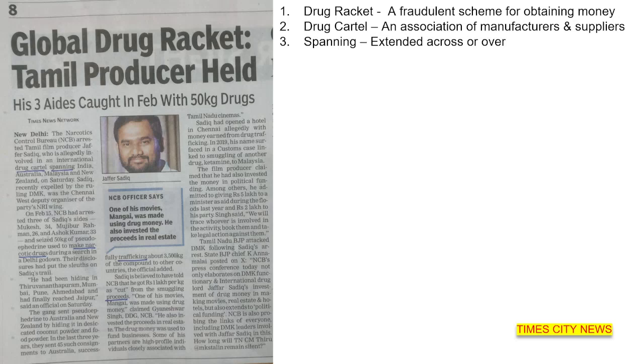And then span is extending, that is spanning. And then proceeds, money obtained from an event or activity, whatever illegal thing they were doing, then he got some proceeds. You can see Sadiq is believed to have told NCB that he got rupees 1 lakh per kg as cut from the smuggling proceeds, whatever the earning was.